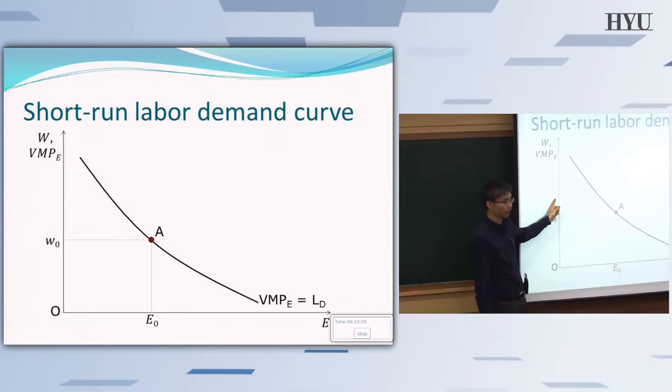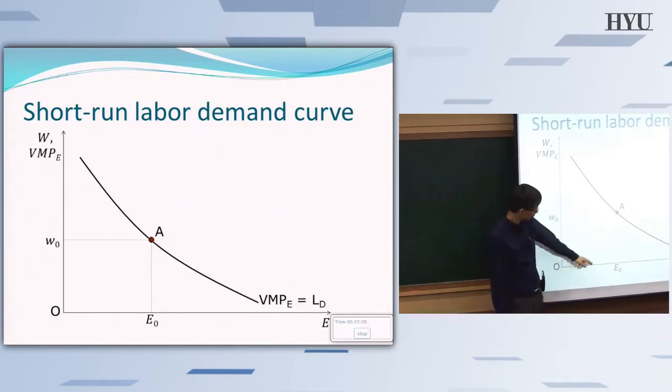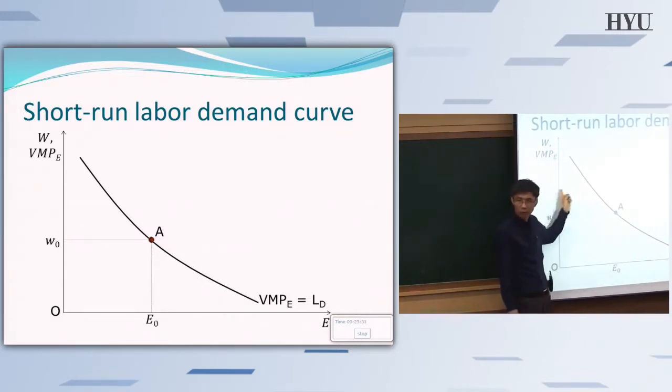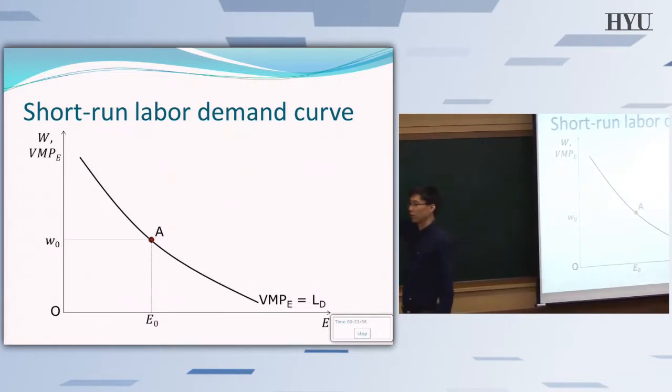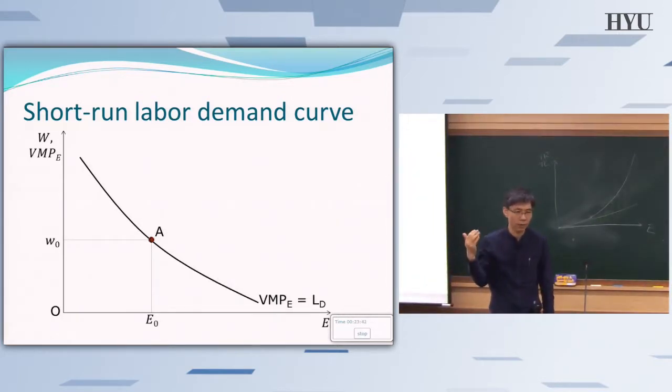If wage goes up, let's say wage is here, then the firm looks at it: okay, wage is higher, so how do I do it? I should change labor input to make the new value of marginal product of labor equal to the new higher wage rate. So they look at the value of marginal product of labor curve and find the point which makes the value of marginal product of labor equal to W. That means for every level of wage, the firm will look at the VMP curve to determine the labor input, which means the VMP curve is the labor demand curve.